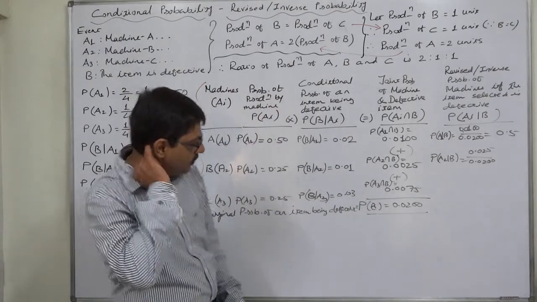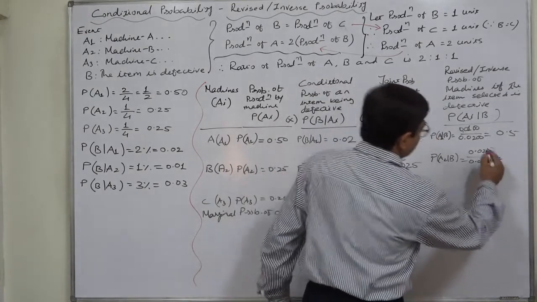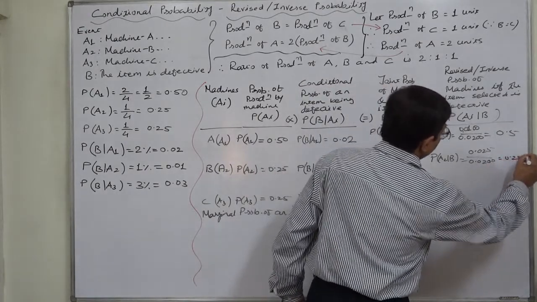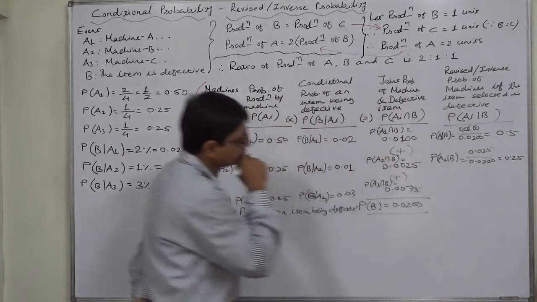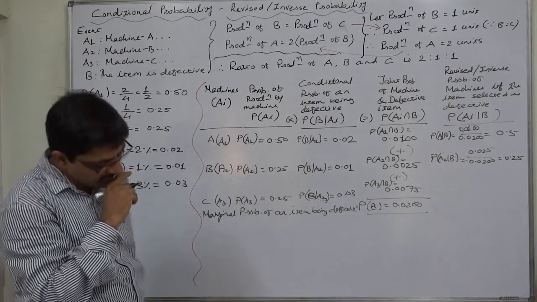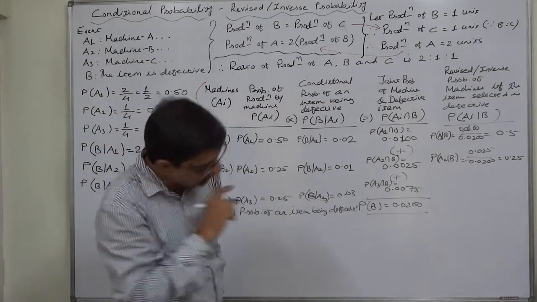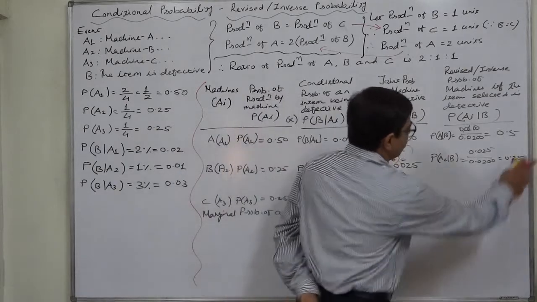Okay, now what? It is 1 by 4 or 0.25. Am I making any mistake? It comes to 1 by 8. I am very sorry.